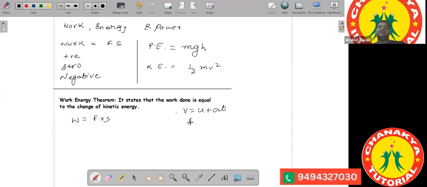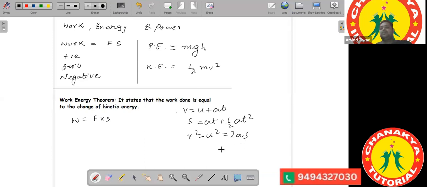Then s equals ut plus 1 by 2 at squared, and then v squared minus u squared equals 2as. So these were the three kinematic equations of motion. Out of this, we will be utilizing the third equation, from which we can obtain the value of displacement.